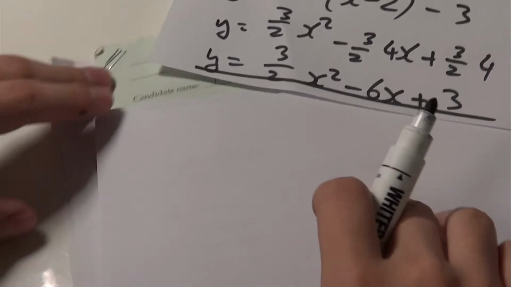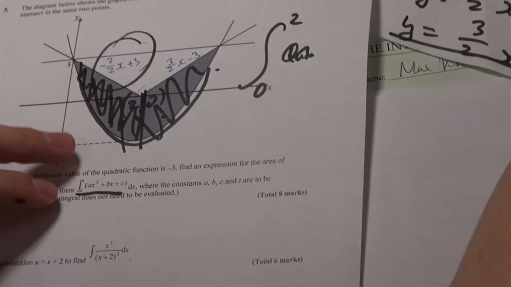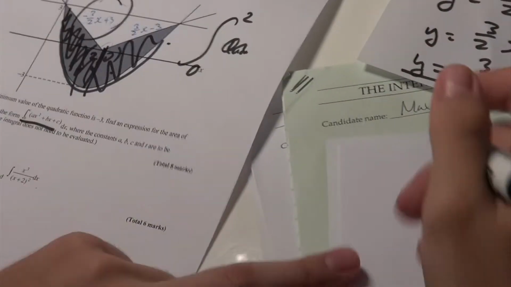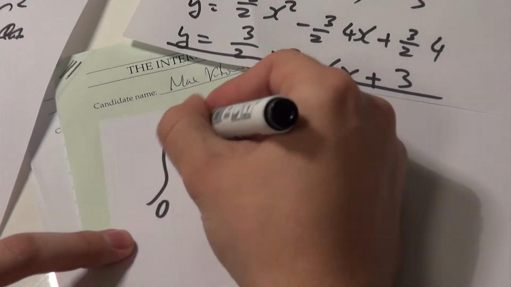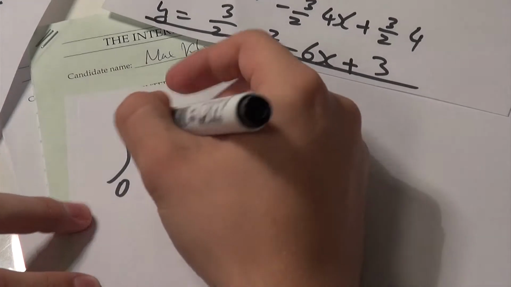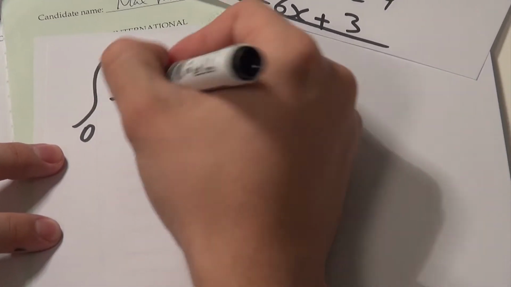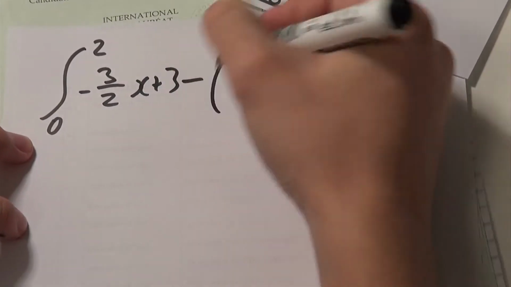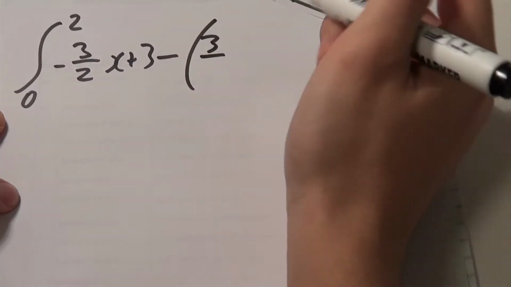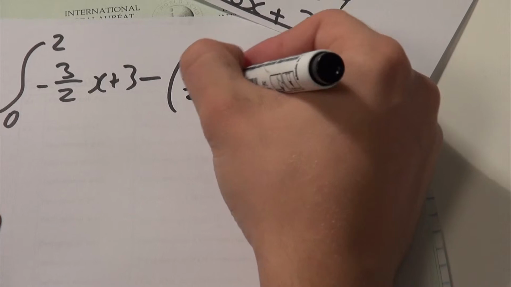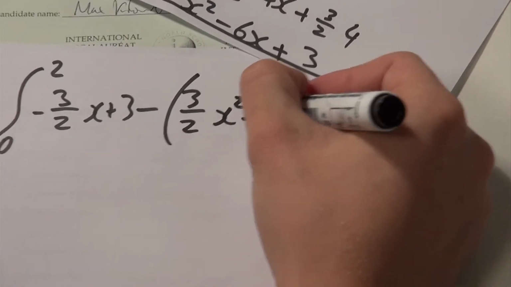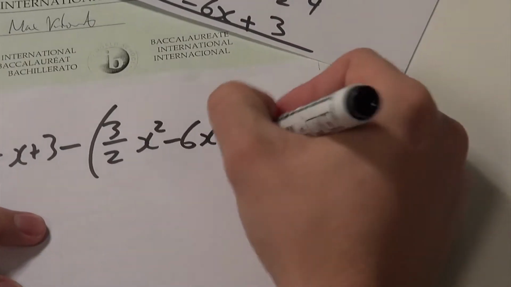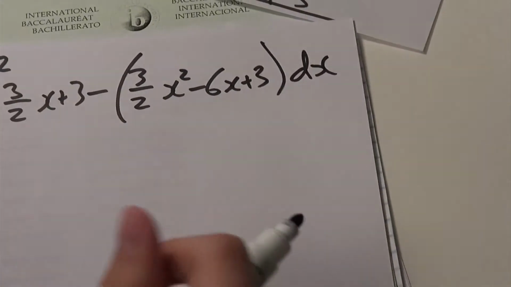So to do this, I will do it from the values from 0 to 2, as we found that this is 2. So it's going to be from 0 to 2, and it's going to be the integral of minus 3/2 x plus 3 minus 3/2 x squared minus 6x plus 3 dx.